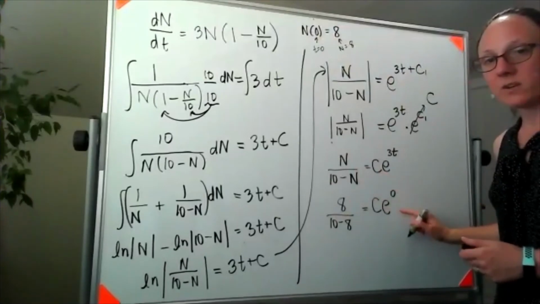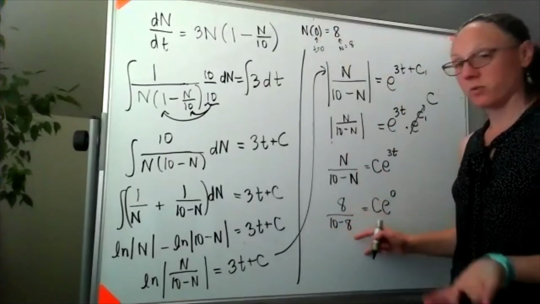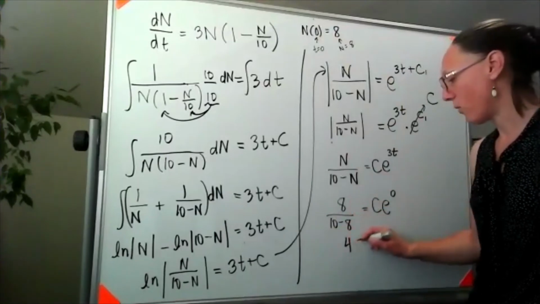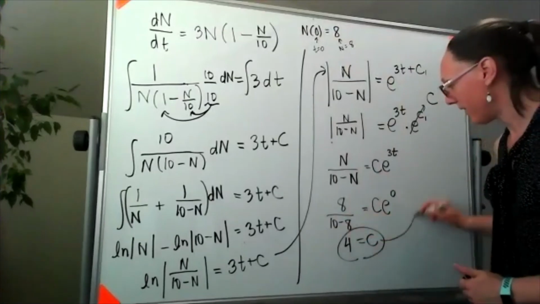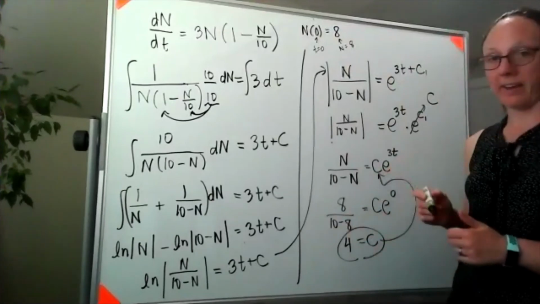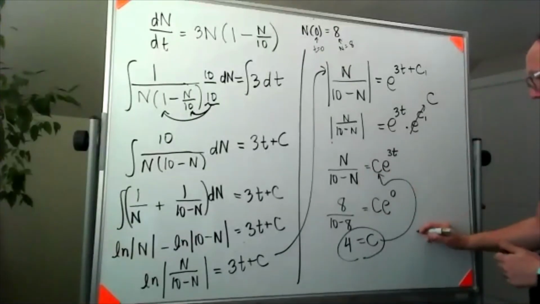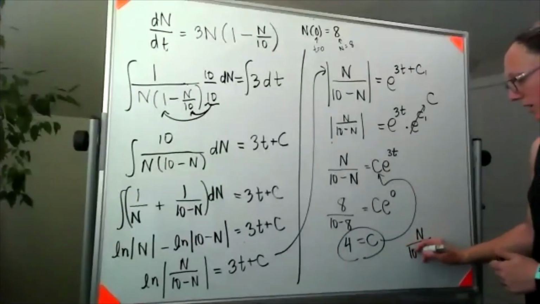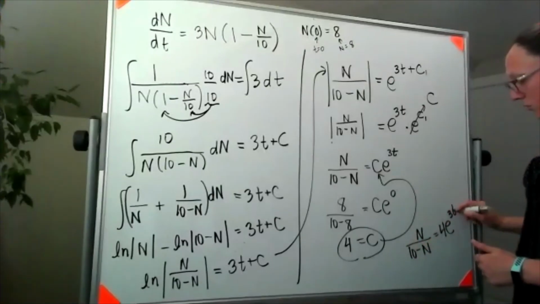Well, e to the 0 is 1. 10 minus 8 is 2. 8 over 2 is 4. So it looks like 4 is equal to c. And we can take that and plug it back in. So I'd have n over 10 minus n is equal to 4e to the 3t.